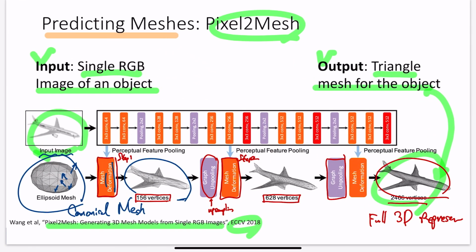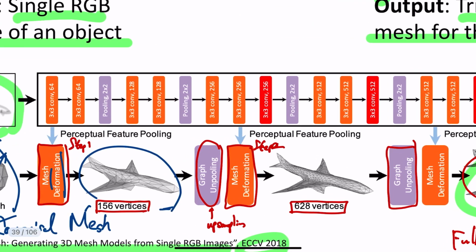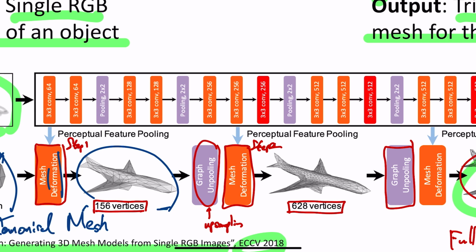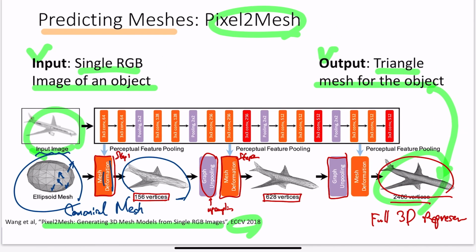So this is the image-to-mesh model, and each mesh deformation, because this is 3D representation processing, is defined as a graph convolution network.